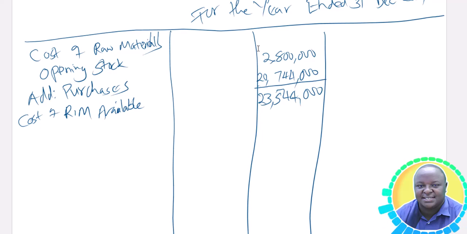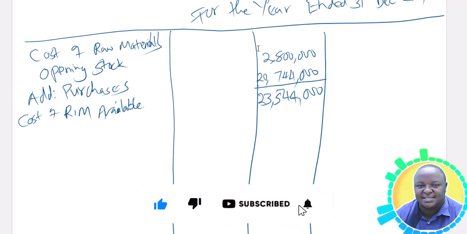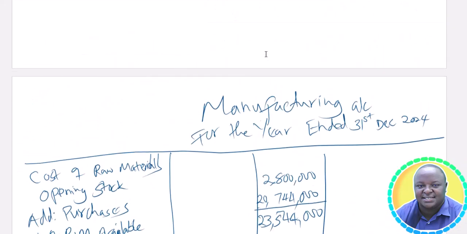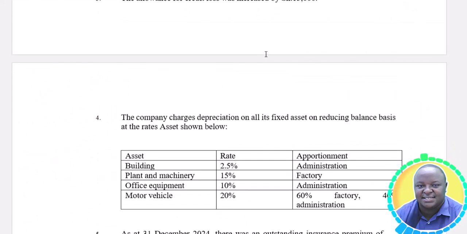That is the cost of raw materials that will be available. Then we less closing stock. Now, closing stock, we go back to our information.